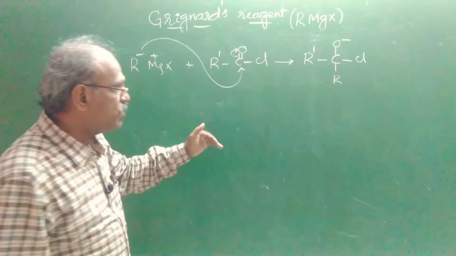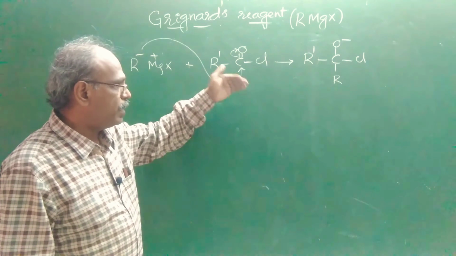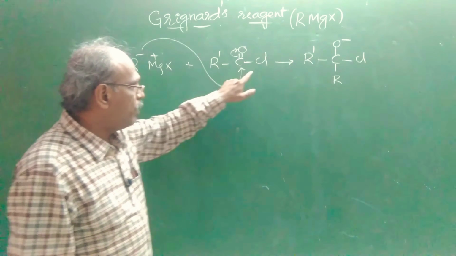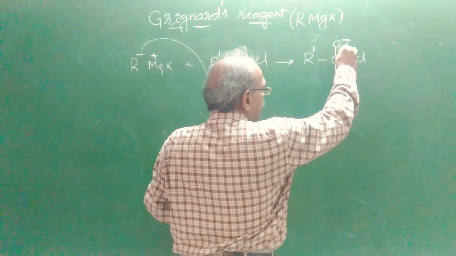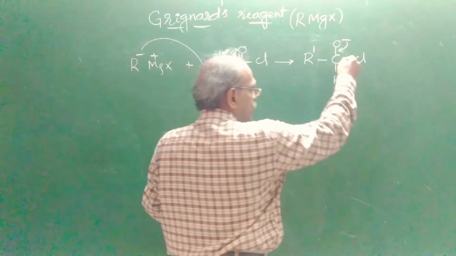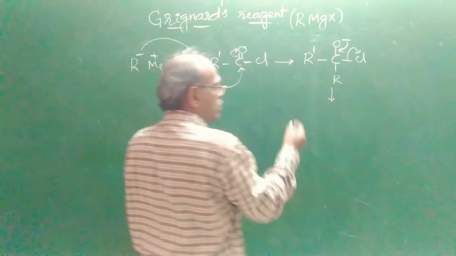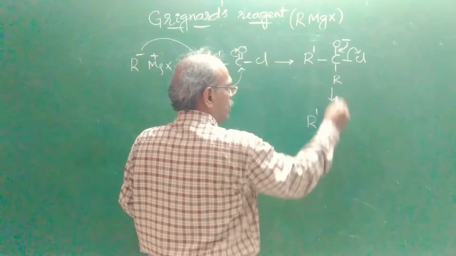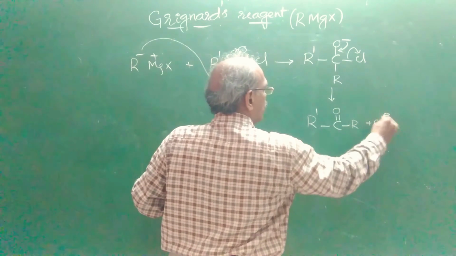But the difference between the previous reaction, carbonyl compounds, aldehydes and ketones, and this one is that here we have a good leaving group. So electrons delocalize back in this way, and loss of Cl minus takes place. Finally you get R dash C double bond O R plus Cl minus.